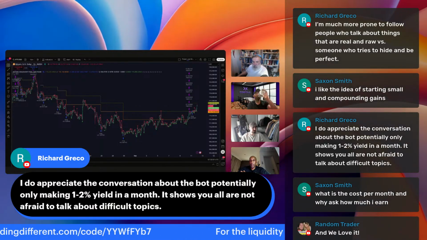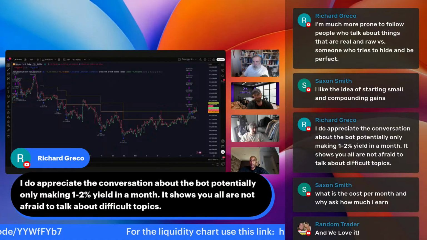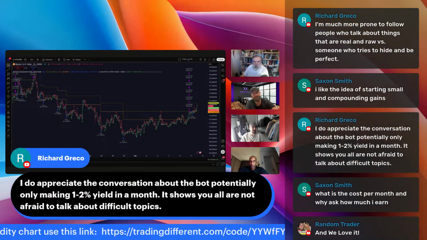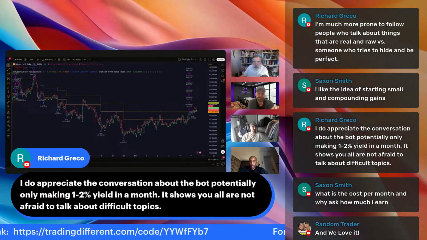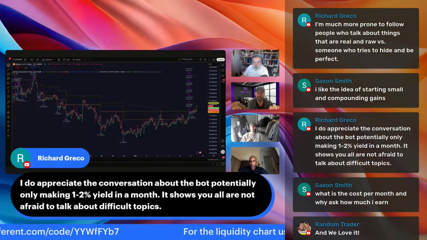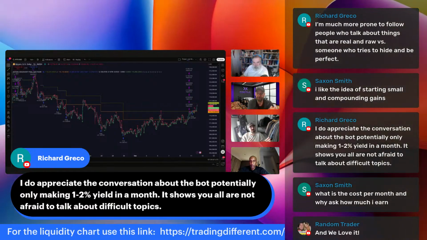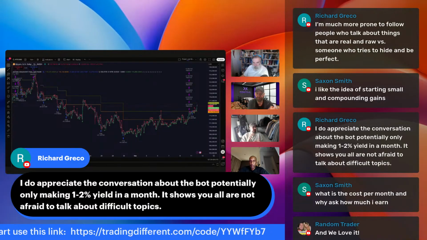The expectation that the market is going to give you a predictable exact monthly return is actually incorrect. Sometimes it can be very, very lumpy, and other times it can be very, very consistent. The reason for that is because we're trading Bitcoin's volatility, and that's something that we can't necessarily predict either.